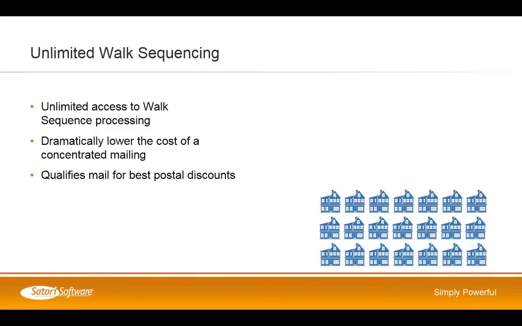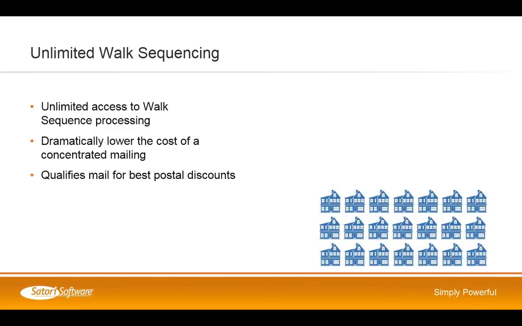Sure. With this one, there's one thing to keep in mind when you're looking at an unlimited option: you could get into a routine of running every single job you're mailing through walk sequence. Even if you don't have the entire mailing qualify for walk sequence rates, maybe you have a handful of routes where there is good density, and you could qualify for that best price.